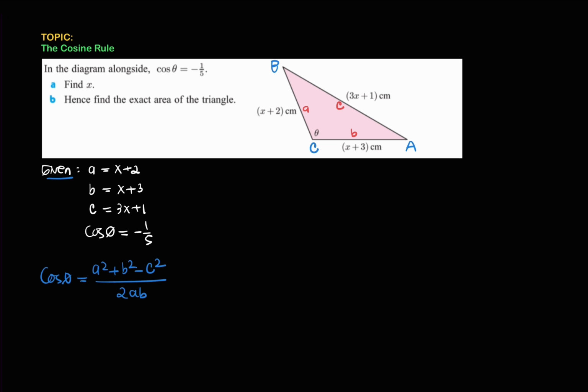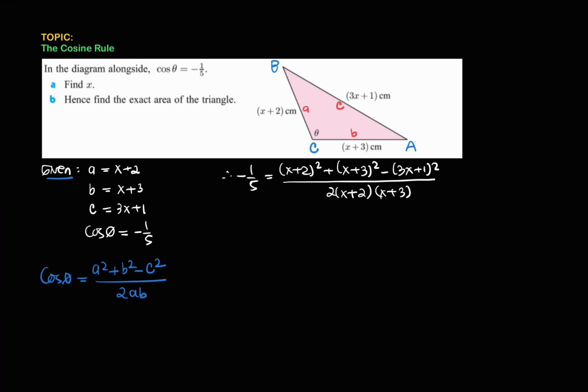Now we can substitute: -1/5 equals ((x plus 2) squared plus (x plus 3) squared minus (3x plus 1) squared) over 2 times (x plus 2) times (x plus 3).